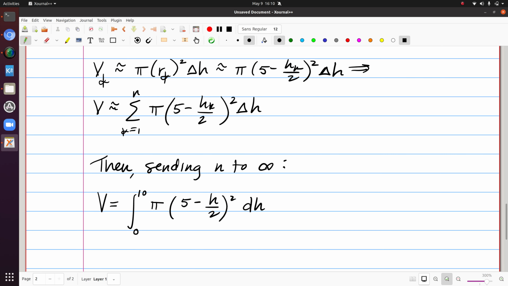So when we get here, this is again the setup that I have, and going through this process, now we can say that this is the integral from 0 to 10 of pi. So if we square this out, I'm going to get 25 minus 5 halves h minus 5 halves h, so minus 5h plus h squared over 4.